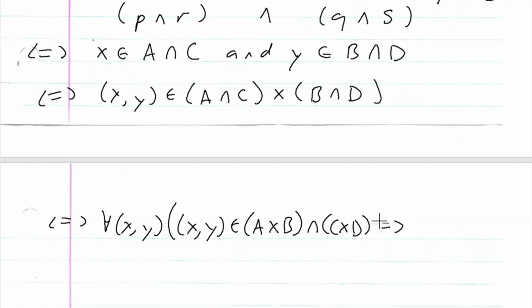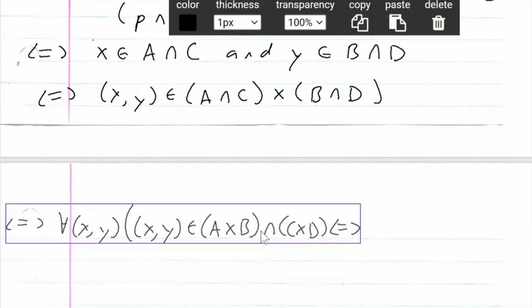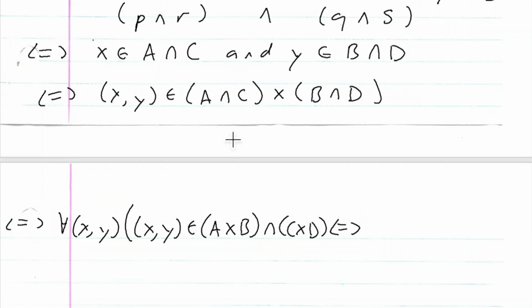if and only if xy is an element of (A intersection C) cross (B intersection D).